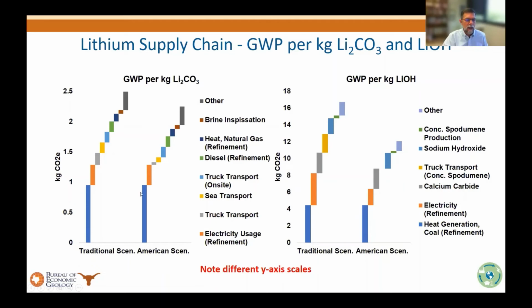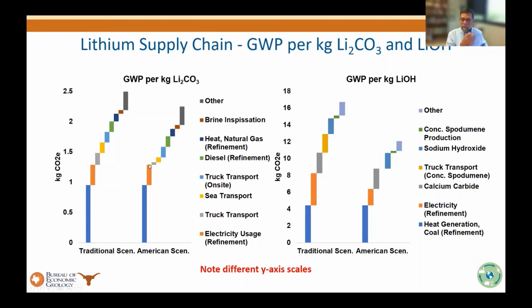You can see right away that the distances going from the traditional scenario, which is mostly South America and Australia going to China, versus the American scenario, which is South America to North America, the distances on the sea transports are much, much lower.